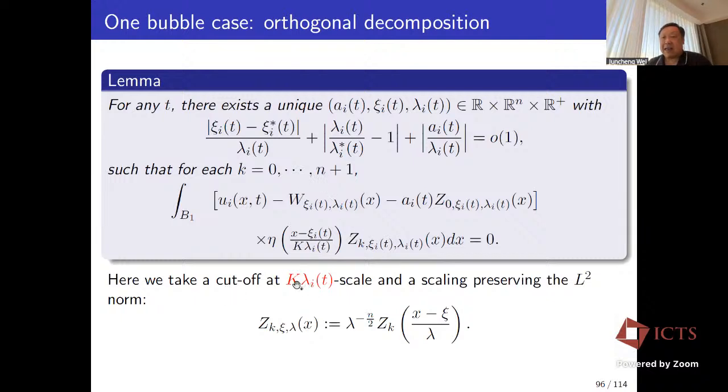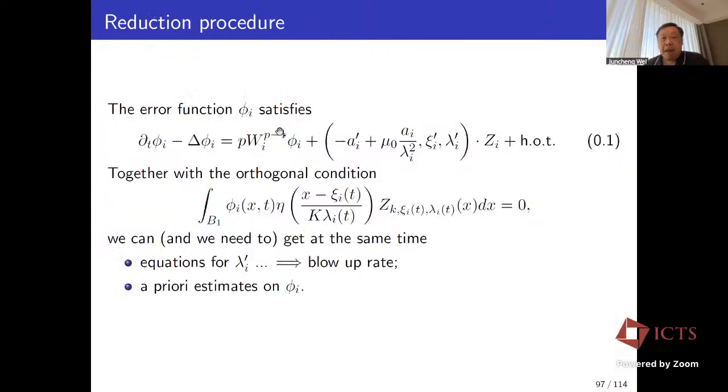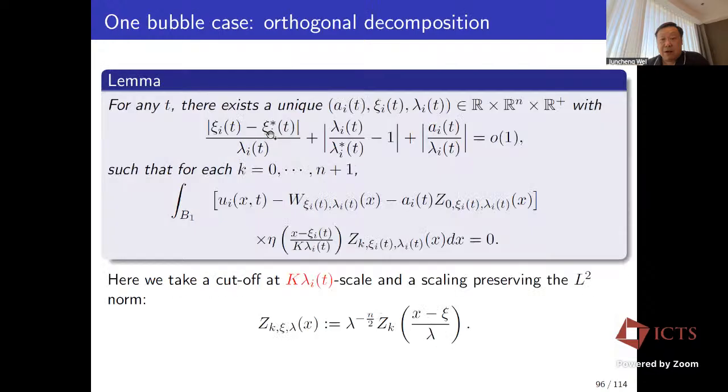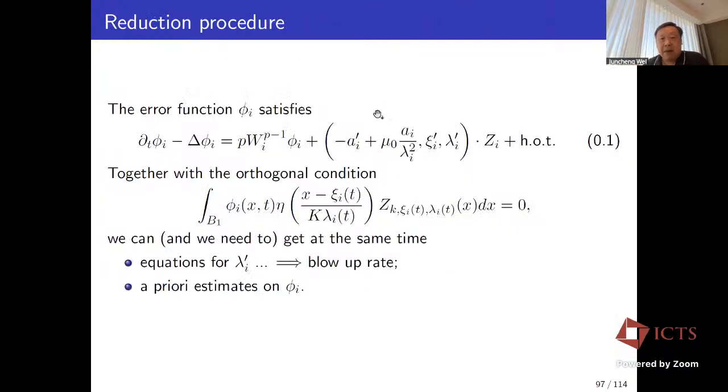Lambda_i k. And we look at the problem, the error function for the inner problem. The error function for the inner problem, we want to look at where in k lambda.